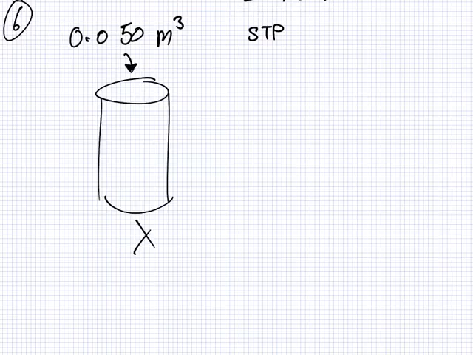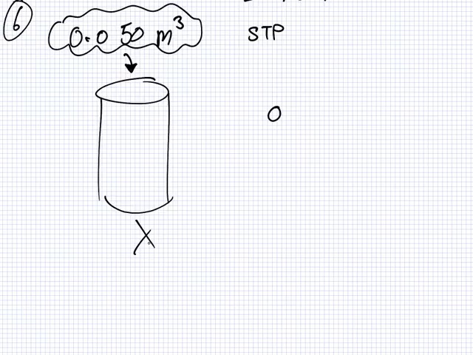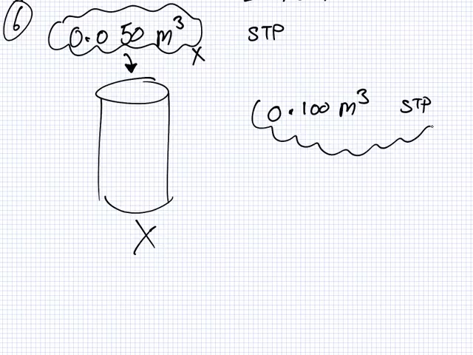A second gas, gas Y, the volume, also at STP, twice the volume will be 100, okay. Also at STP, this is gas Y. And then what happens?